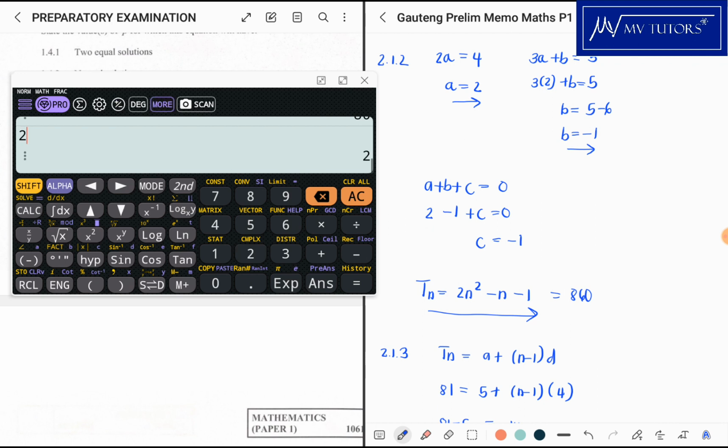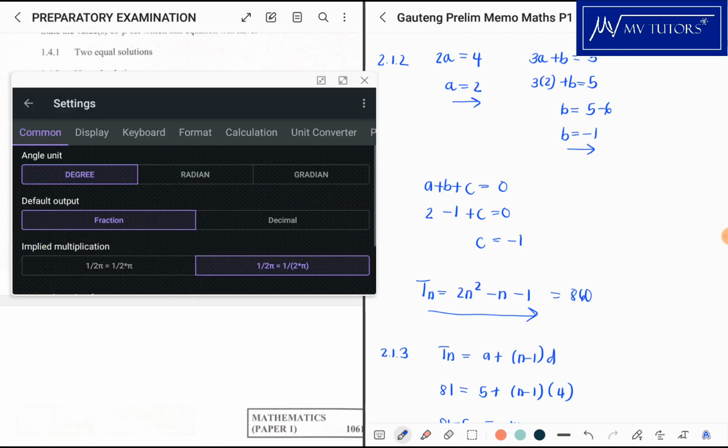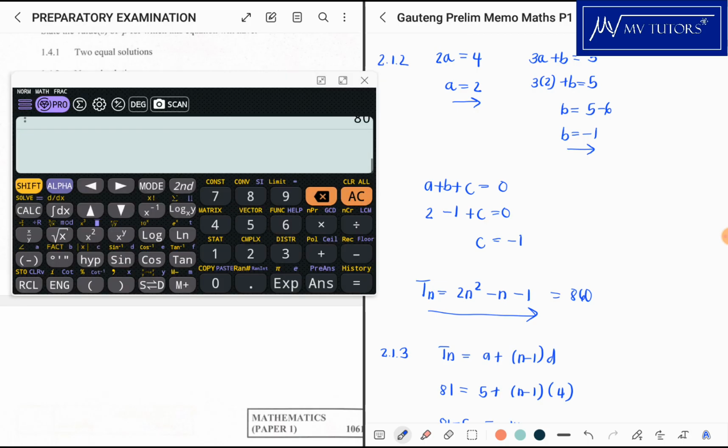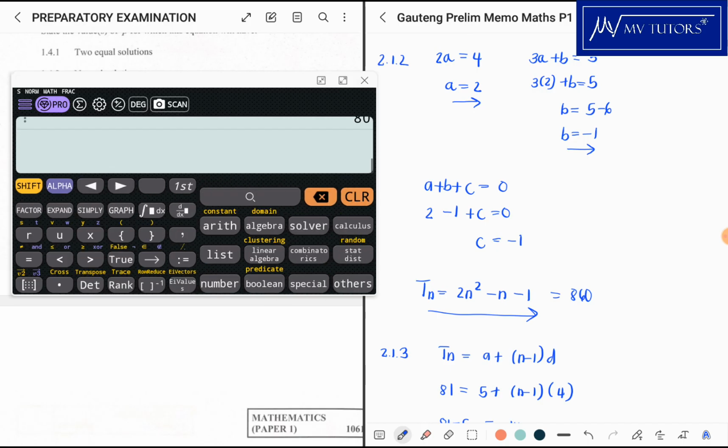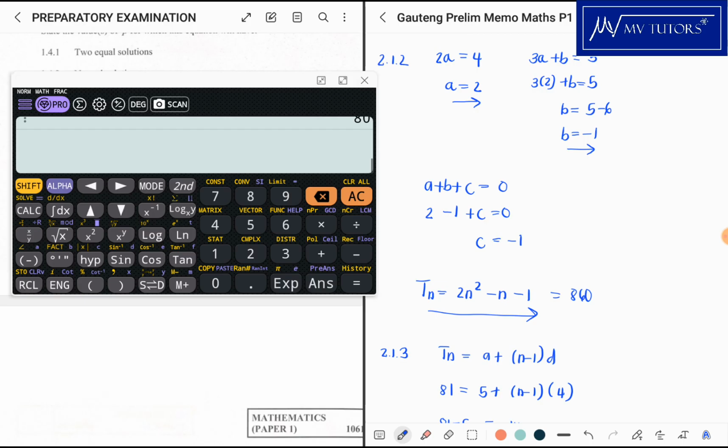It's beneficial to have a calculator that can actually solve, but I don't think it's allowed for the majority of you guys. Actually, I don't think it's allowed at all. Okay, so shift mode, no. Shift second, no. I think I forgot how to get to the solving.